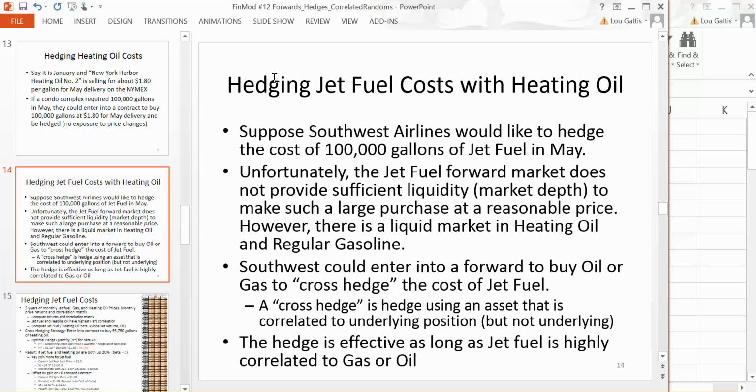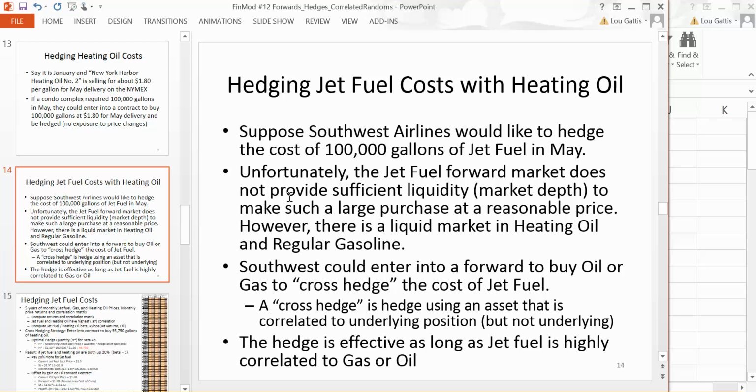Let's talk about a more interesting example. Suppose Southwest Airlines would like to hedge the cost of 100,000 gallons of jet fuel in May. Now, in this case, let's further suppose that the forward contracts for jet fuel are not developed enough to provide enough liquidity to make such a large purchase.